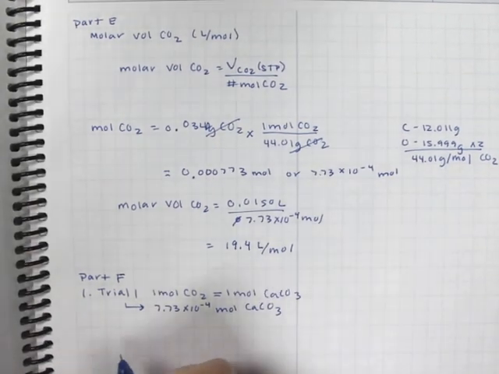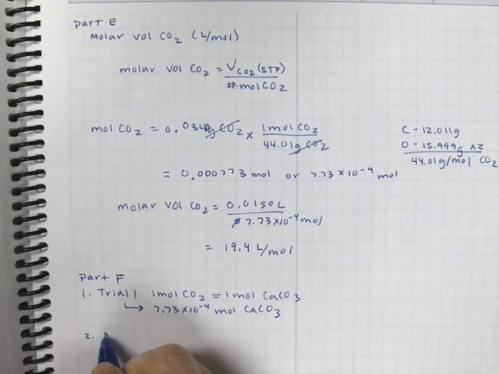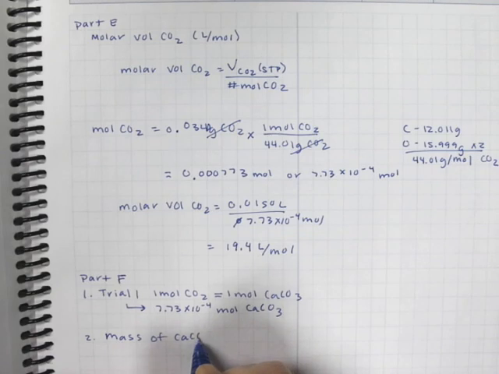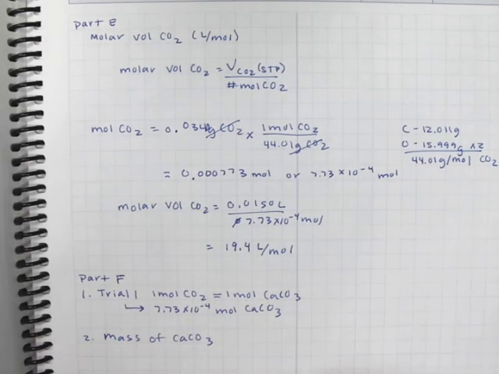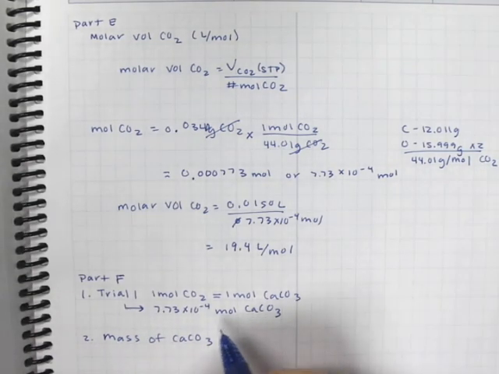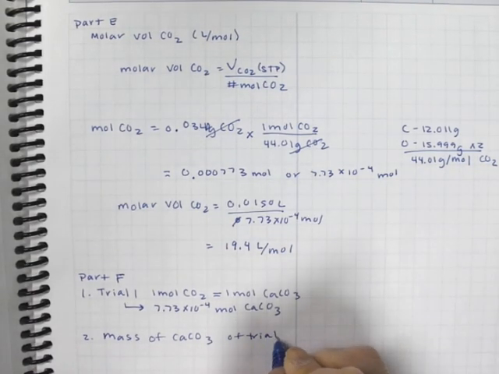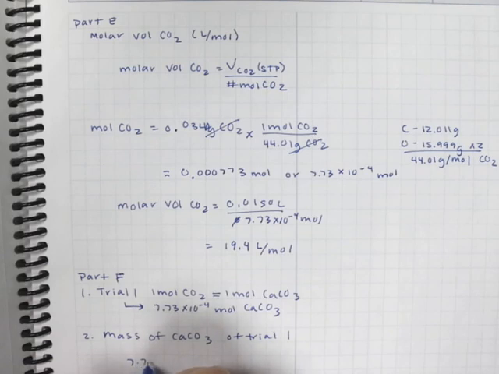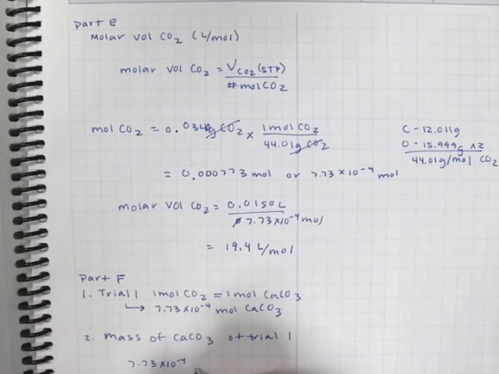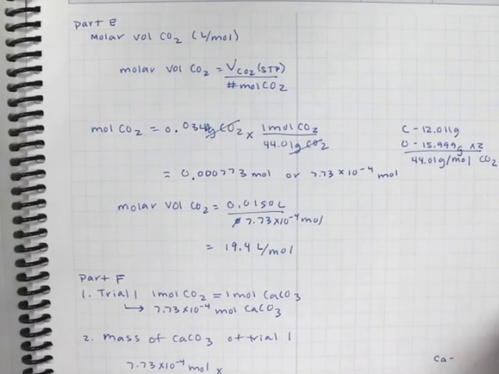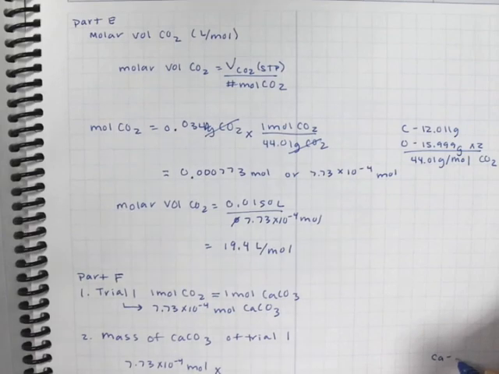Number 2, mass of CaCO3, for trial 1. If you have 7.73 times 10 to the negative 4th moles, we need to get the molecular mass of CaCO3, because we go through that to get to grams.